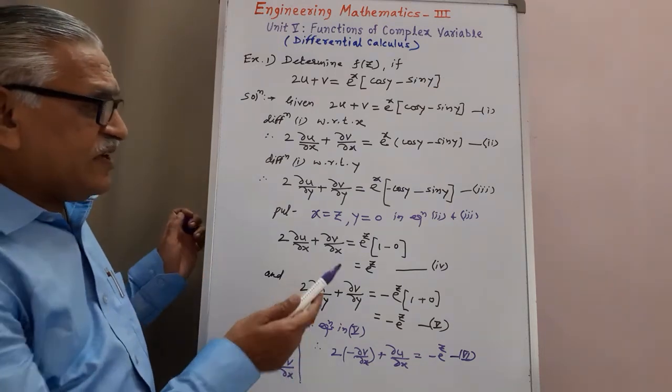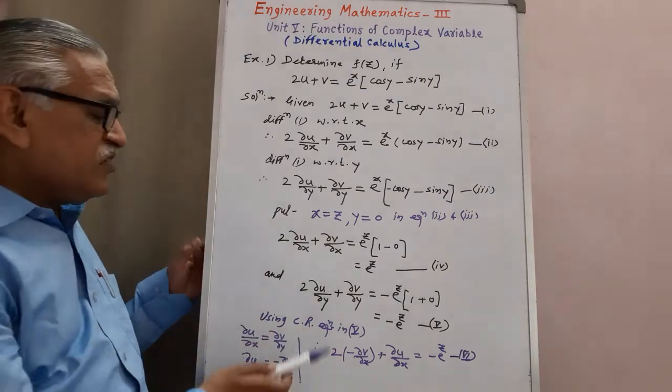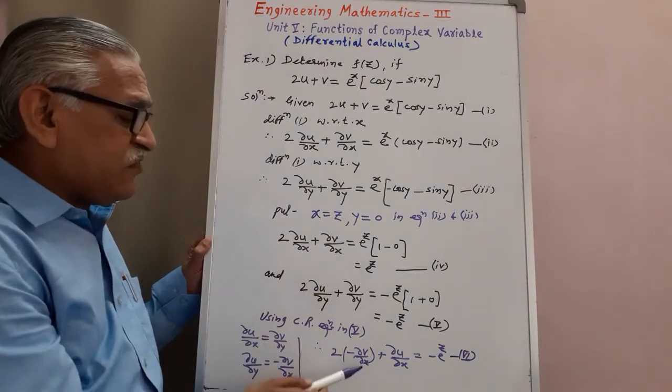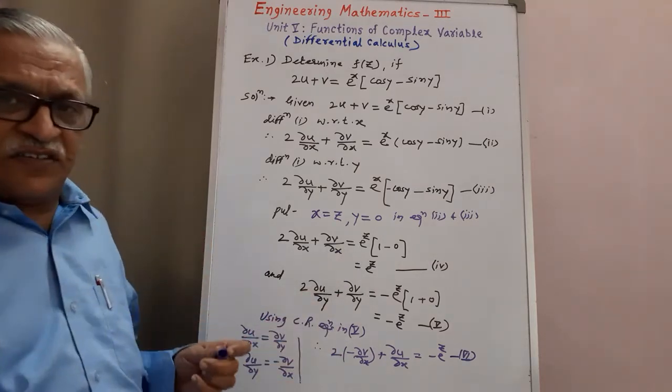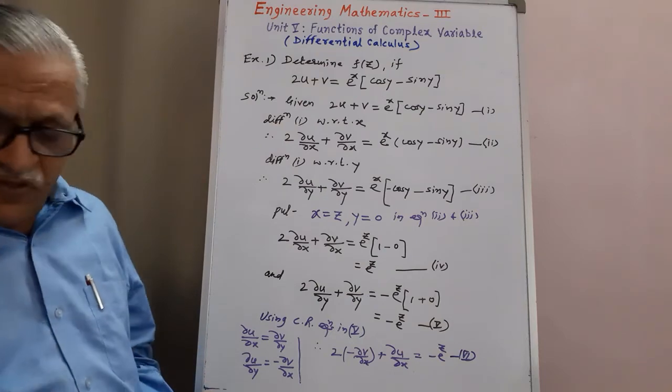Then, as per the previous video, first we add equation 4 and 6, and then we subtract 4 and 6, performing these two calculations.